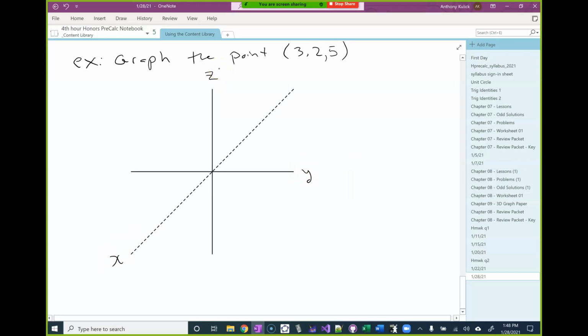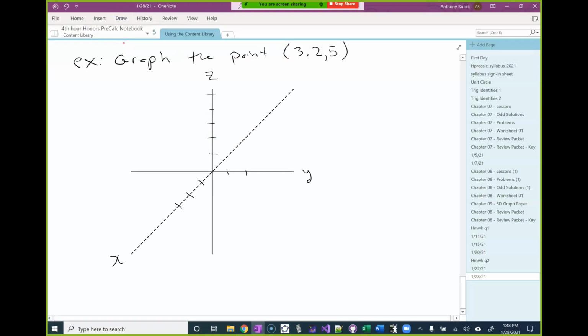I'm going to start by drawing in 3 tick marks on the positive x-axis, 2 tick marks on the positive y-axis, and then 5 tick marks on the positive z-axis. Okay with that? So like 1, 2, 3, 1, 2, 1, 2, 3, 4, 5.